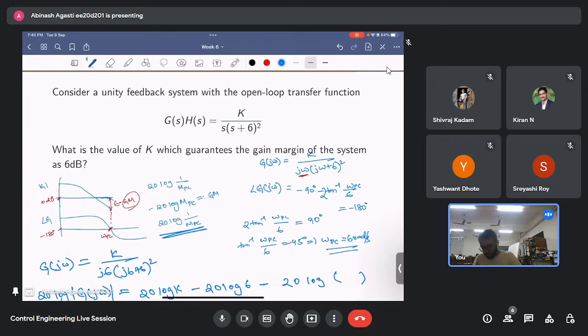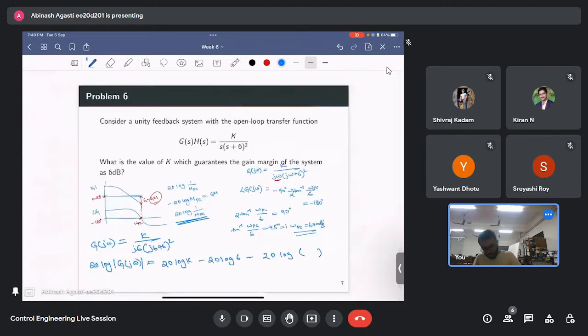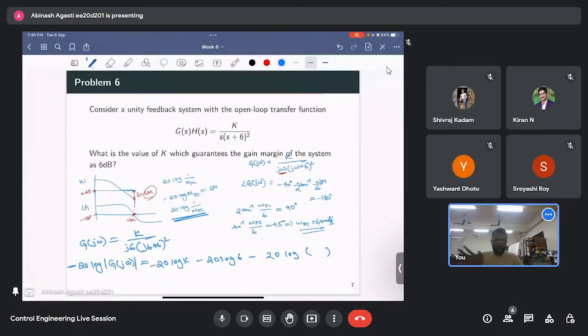So this is 20 log, and since we are adding logs, everything inside will be multiplied: ω_pc or 6 into (ω_pc plus 6) whole square, by K, is equal to 6. So when we solve, K will be 216.5. Okay, is that clear?